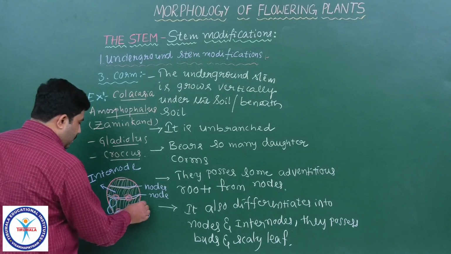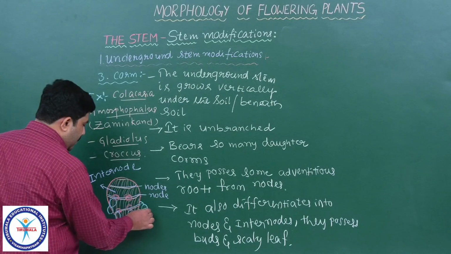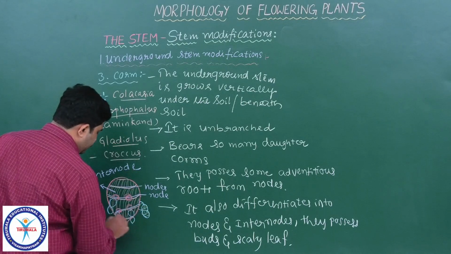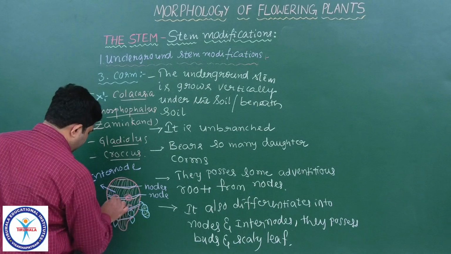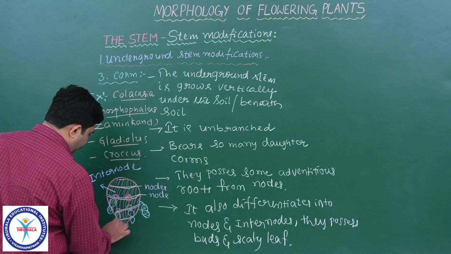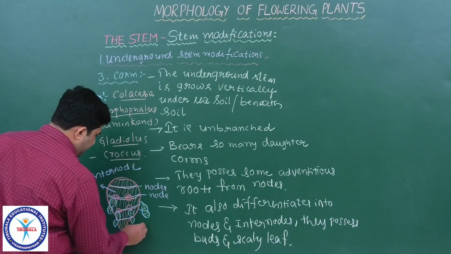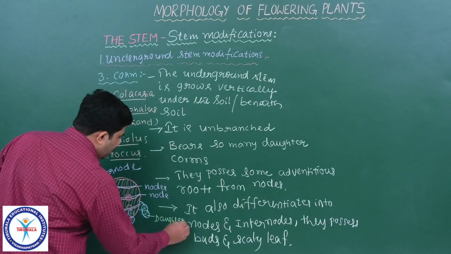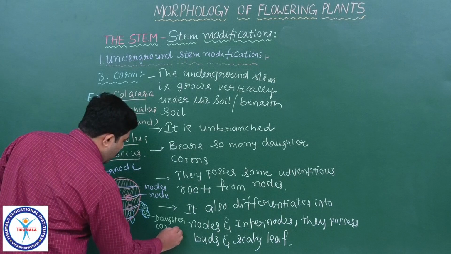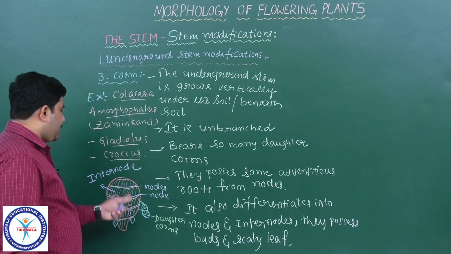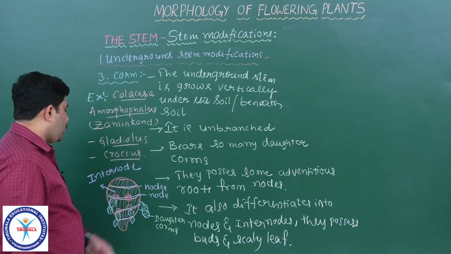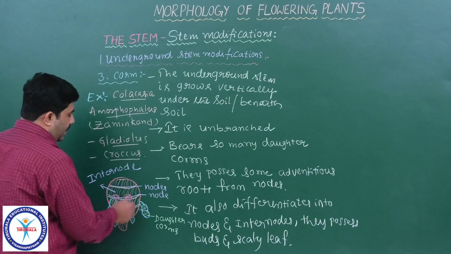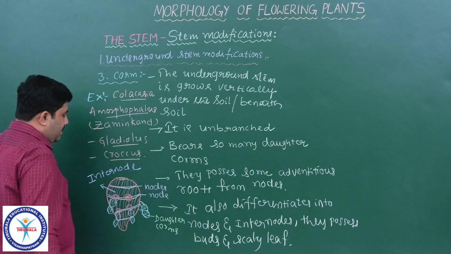All these are the corms which are developing into daughter corms. These are called daughter corms. When they get separated from the parental one, they grow like an individual plant, like Colocasia. In Colocasia we see this type of arrangement only.